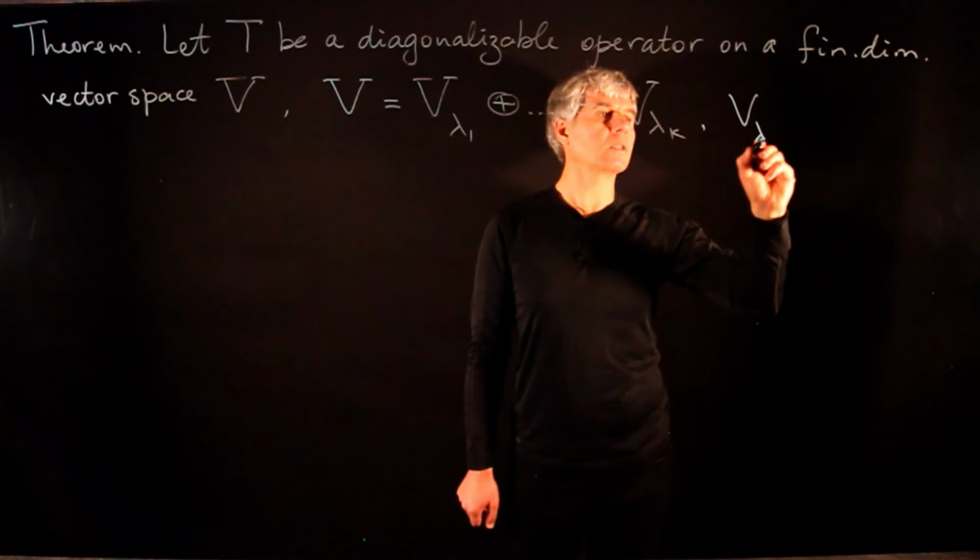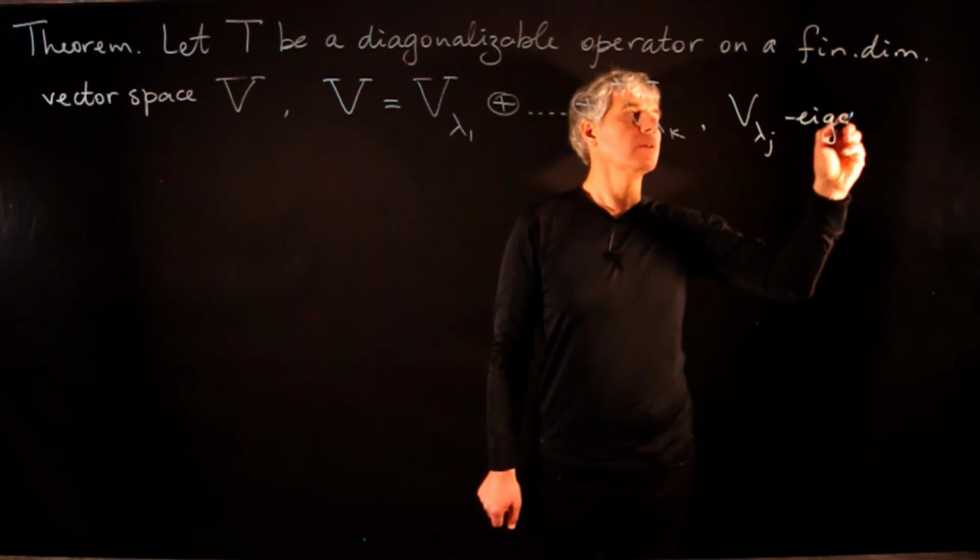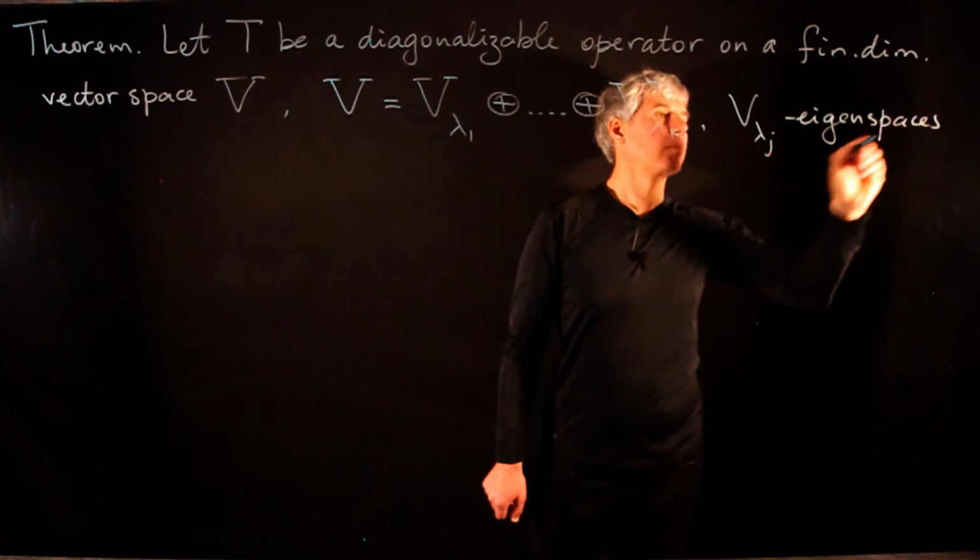So here V lambda j are the eigenspaces for T.